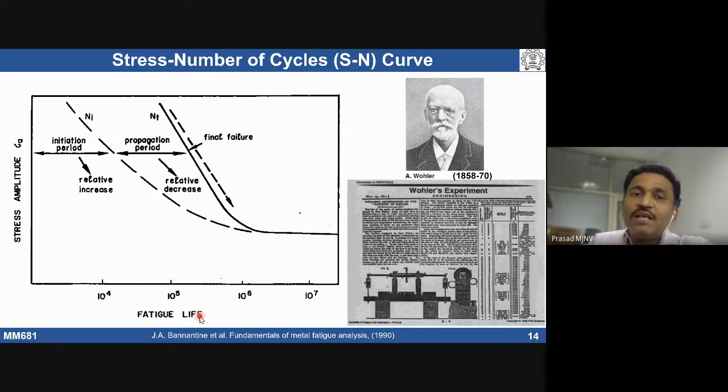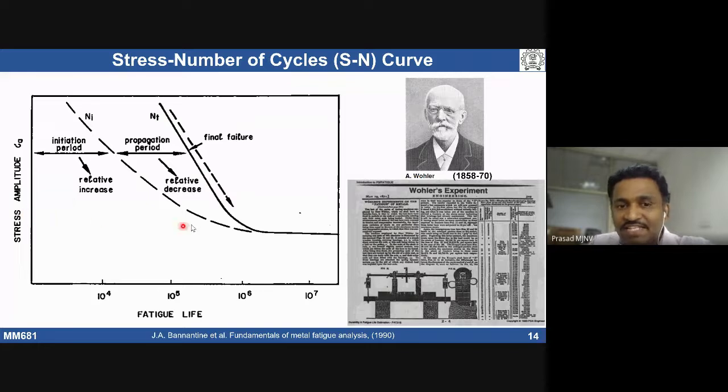The total fatigue life is the number of cycles required for crack initiation plus the number of cycles required for crack propagation. With decreasing stress amplitude, the number of cycles to failure usually increases. At a given stress amplitude, this is the number of cycles, called fatigue life.